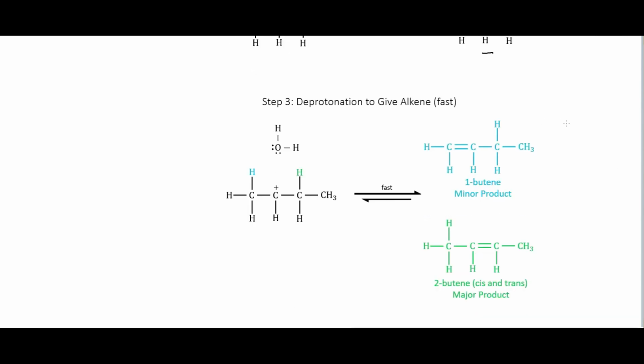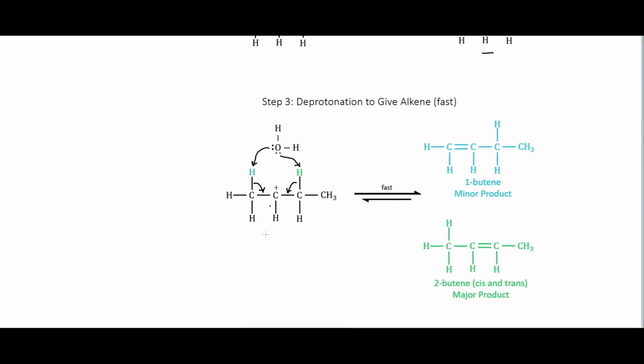And then we can bring in a water here, and it could take one of these two hydrogens. So we could have it come and take this one right here. Those go down to form the double bond, and then we form that double bond there. Or we could have this come and take that green one right there and have this come down to form the double bond.